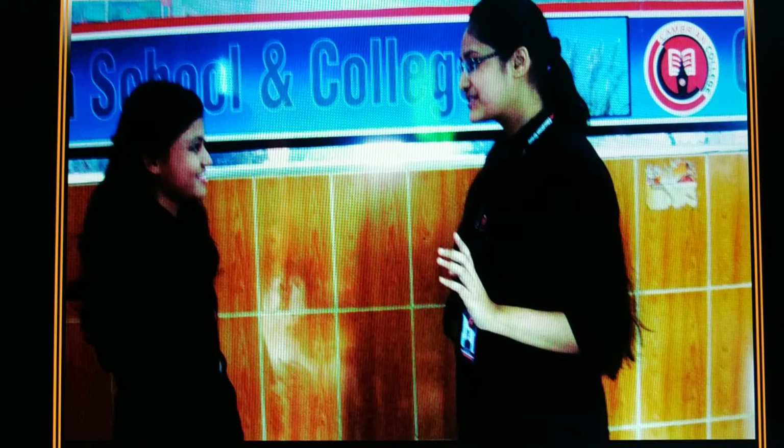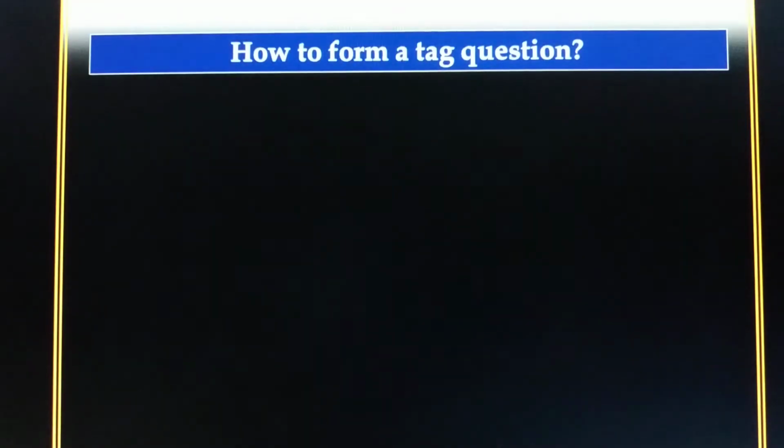Have you noticed the structure of the tag question? We have used only the auxiliary verb form and the subject. There are some rules for how to form a tag question. So let's see how we can form one.